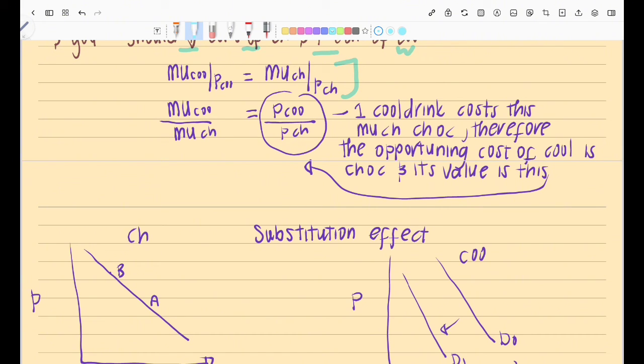You want the prices on their own side, the marginal utilities on their own side. And on the price part, after you have rearranged, that gives us the opportunity cost of cold drinks. So you're saying one cold drink costs this much chocolates, right? Therefore, the opportunity cost of cold drink is chocolate, and its value would be this, right?